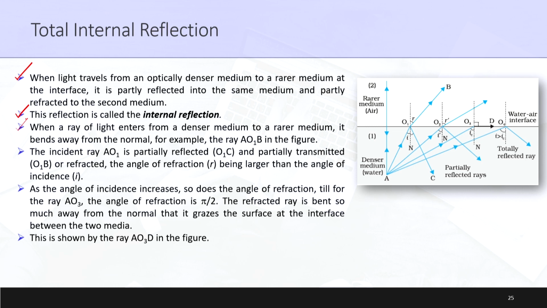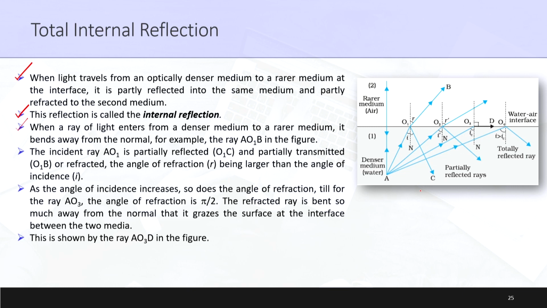The incident ray A O1 is partly reflected along O1 C, and partly transmitted or refracted. The angle of refraction r is larger than the angle of incidence. So this value of r is always greater than the angle of incidence.